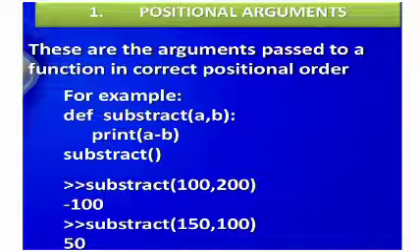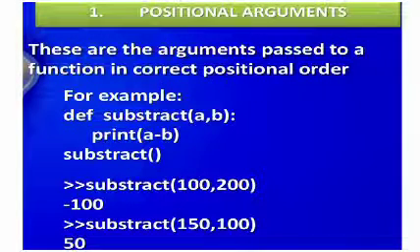When we call the subtract function, like here with 100 and 200, the first position value is assigned to a, so a contains 100, then b is assigned 200, and it returns the difference between a and b. 200 minus 100 equals 100, and the result displayed is 100.